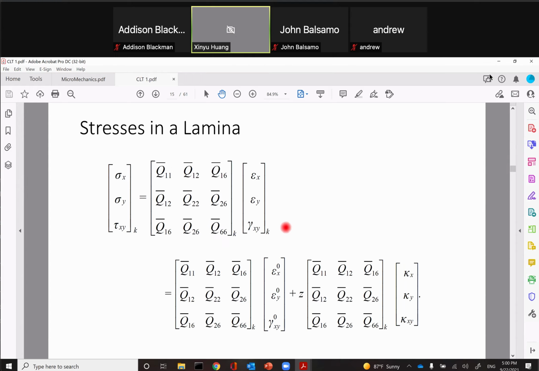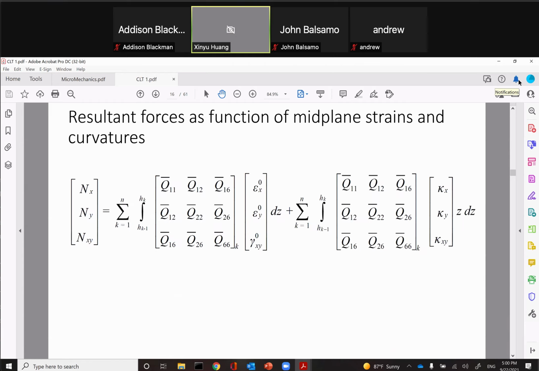So we did a whole bunch of this, running in circles. But long story short, we basically transformed the equilibrium equation so that it only depends on the mid-plane strain and mid-plane curvature.